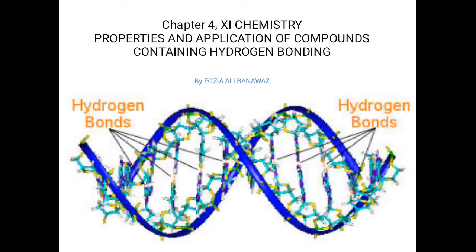Whenever they are bonded to hydrogen, the unequal distribution of the bond pair of electrons between hydrogen and that electronegative atom results in the formation of dipoles in the molecule.